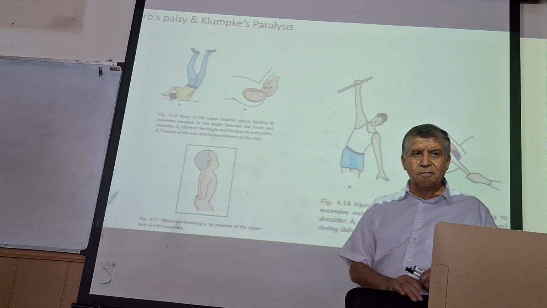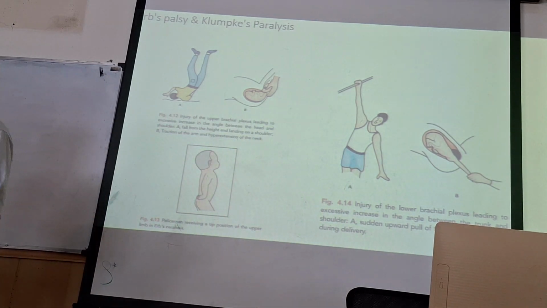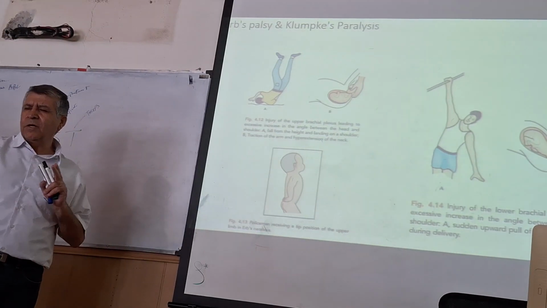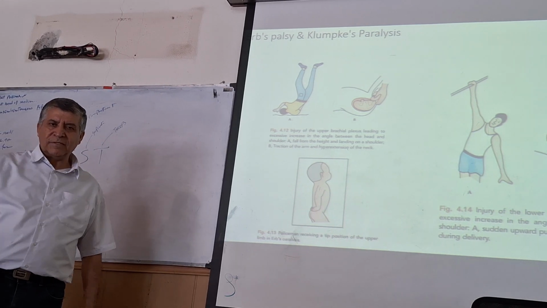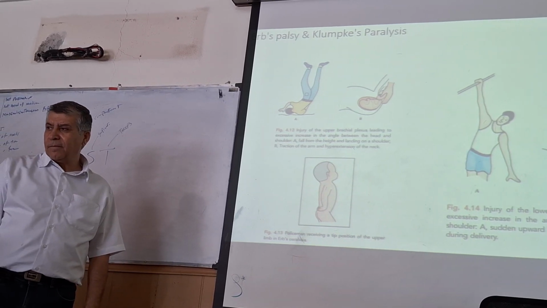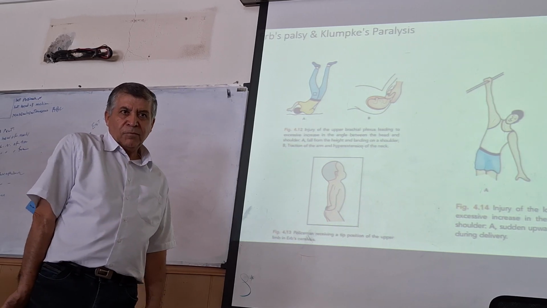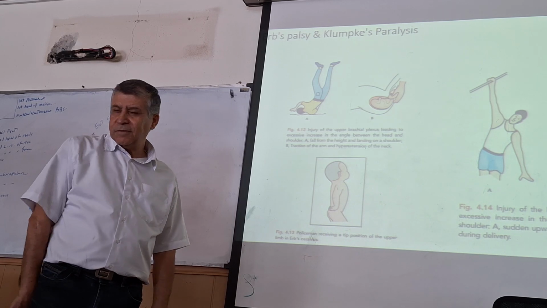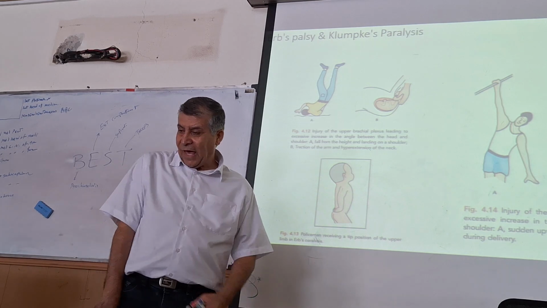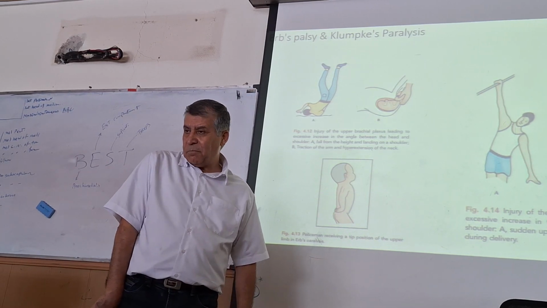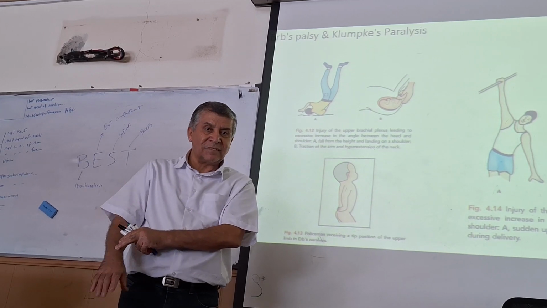The upper limb is adducted at the shoulder, the forearm is flexed, the limb goes to abduct and the wrist to flexion, because the abductor muscles and extensor muscles of the wrist are unopposed.